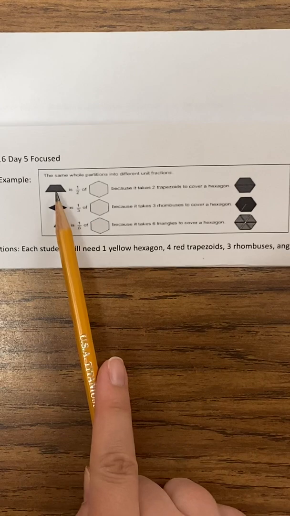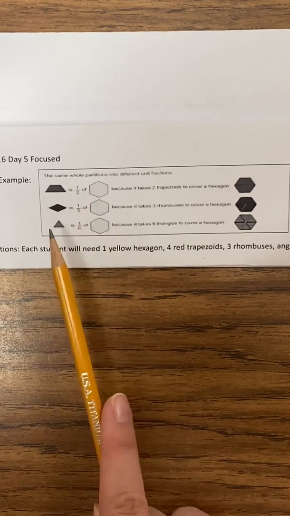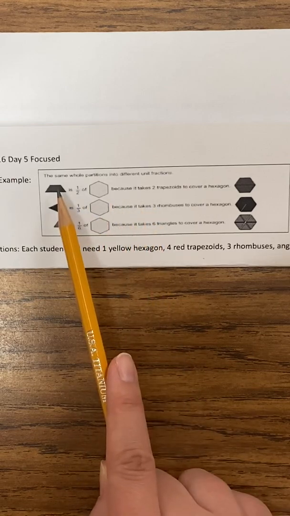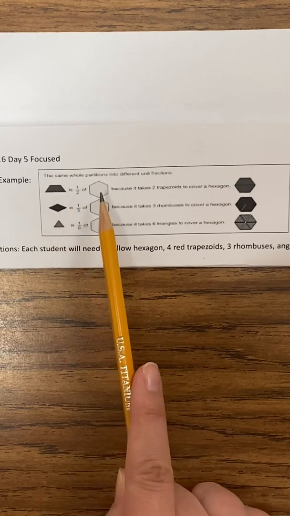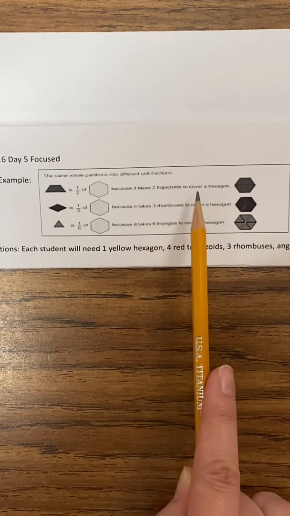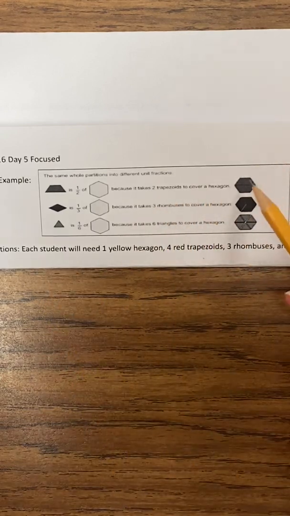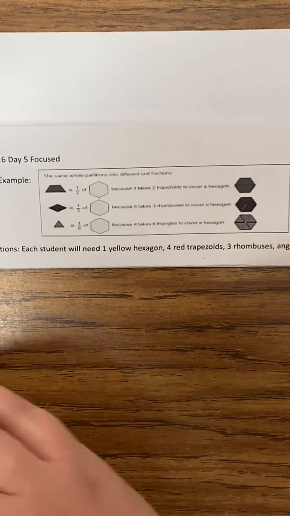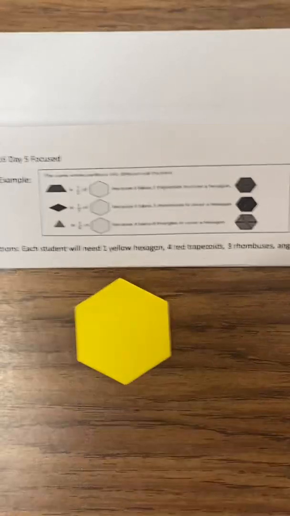So this shape right here is half of this shape. Because this is a trapezoid, this trapezoid is half of this hexagon because it takes two trapezoids to cover a hexagon. I know it's a little hard to see on the camera, but there are two trapezoids that make this hexagon. Here's a hexagon, okay?